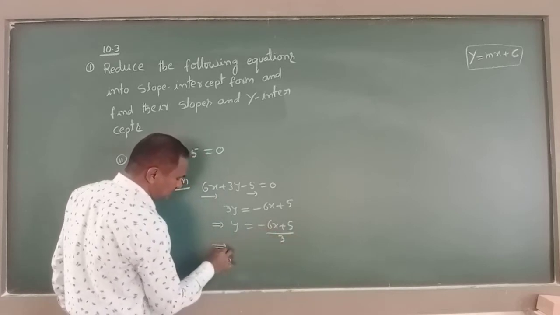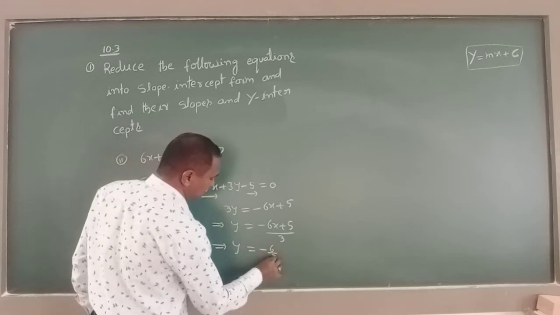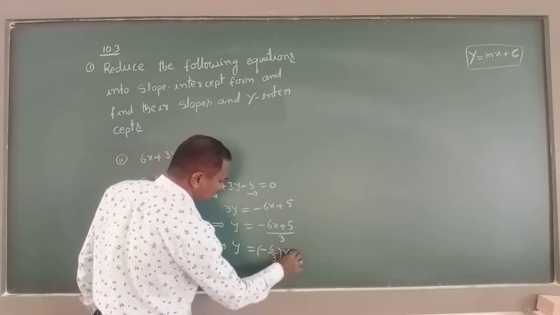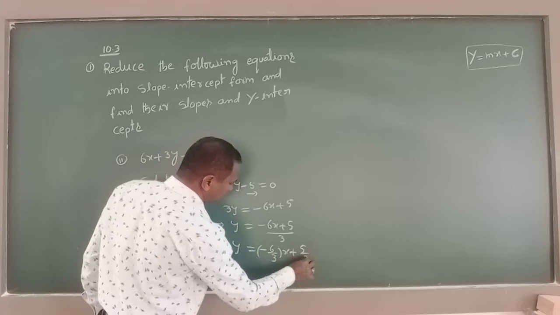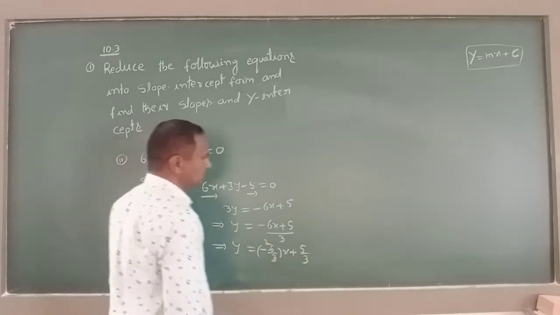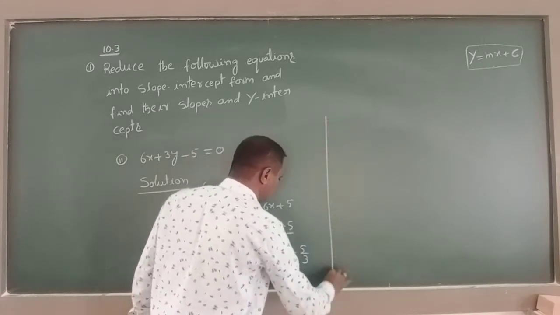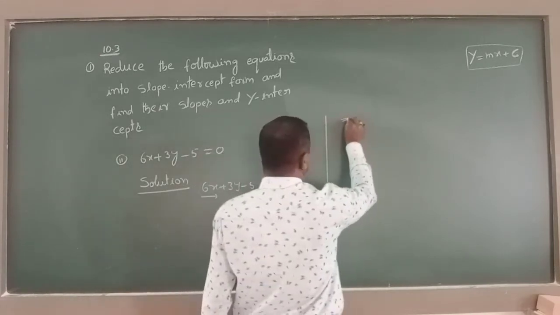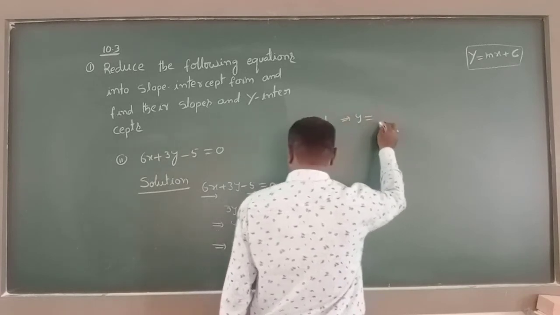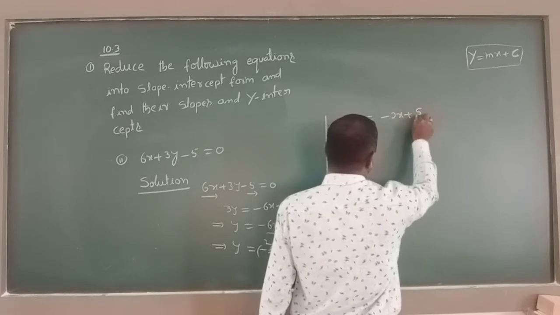That implies y is equal to, separating them here, minus 6 by 3 of x plus 5 by 3. At the same time, we get cancellations here. Then we get y is equal to minus 2x plus 5 by 3.